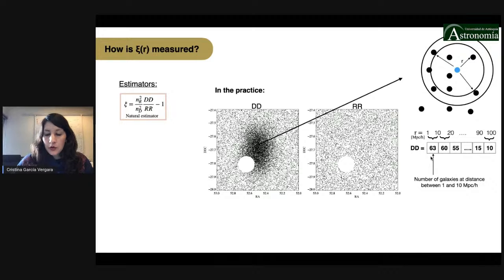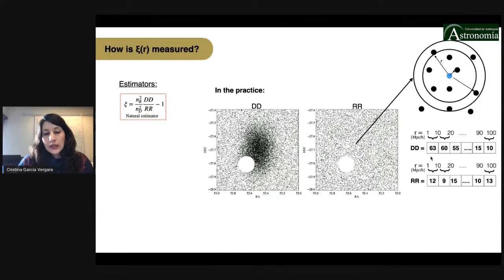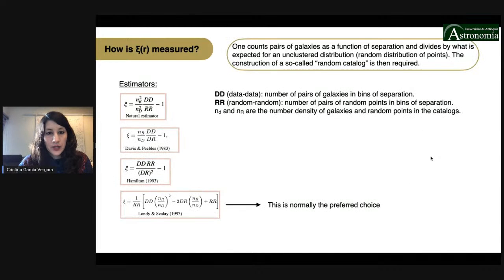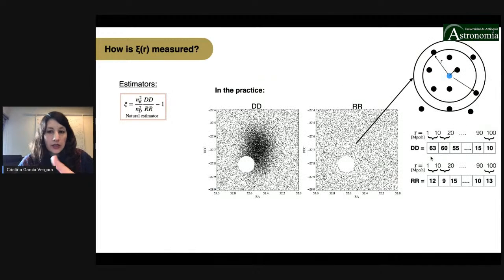Then that is more or less the idea. Then you have to repeat the same procedure for the random catalog, exactly the same thing by using the simulated sources that you have. And then you basically have to divide those quantities to compute the correlation function using this formula, for example.